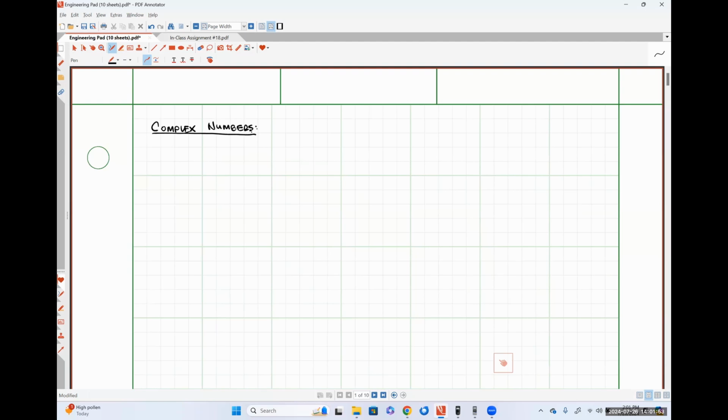So what I'm going to put in the middle of the page here is a representation of a complex plane. We're going to have some vertical axis, and then we will also have a horizontal axis like so. A complex number is a number that contains both a real part and an imaginary part.